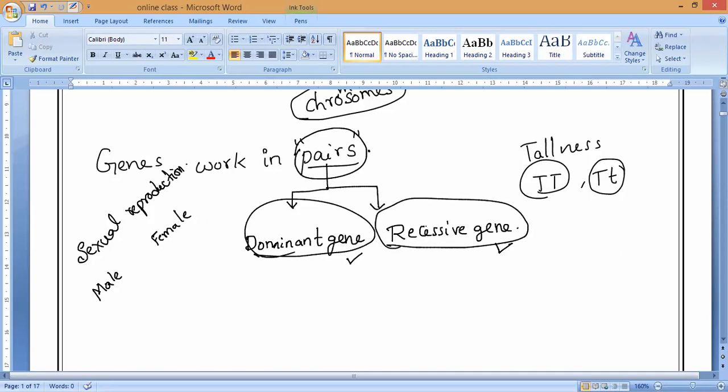That is what happens during sexual reproduction. Each parent passes only one of the two genes of the pair for each characteristic to its progeny through the gametes. That is what we call male gametes and female gametes. Understand that?